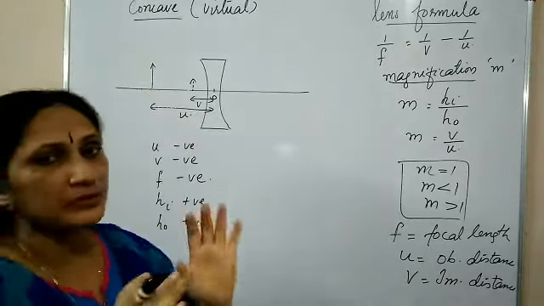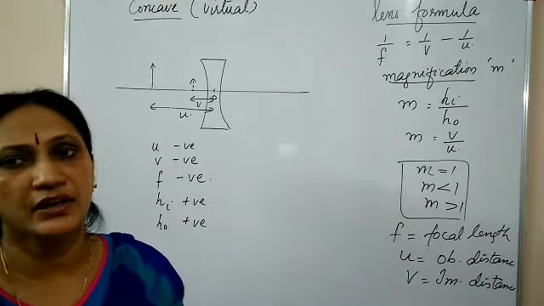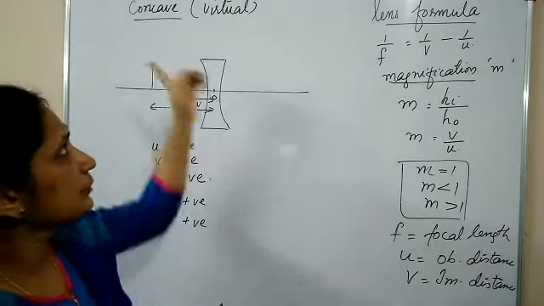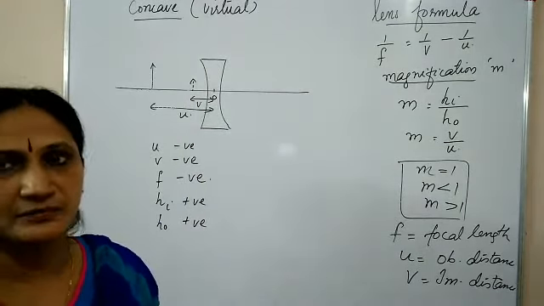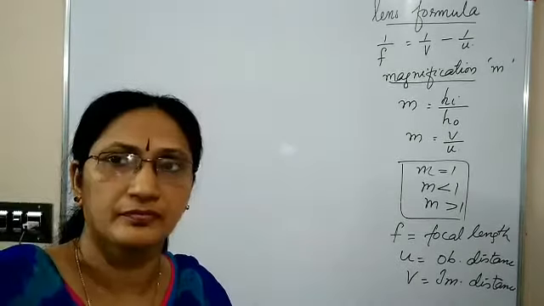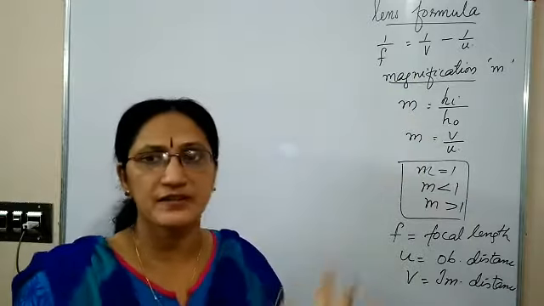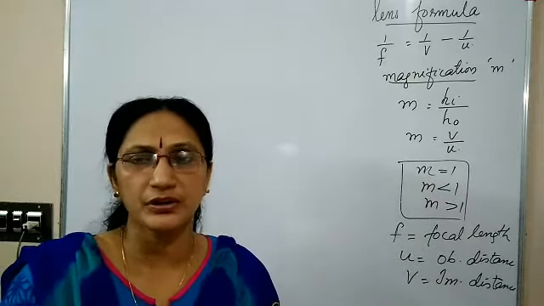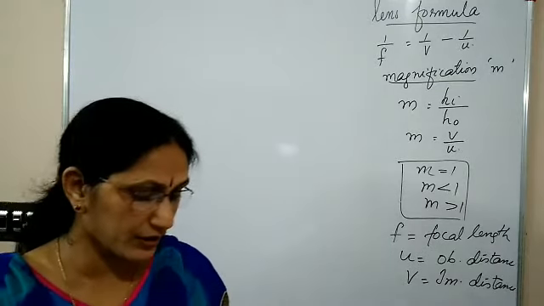Remember this diagram in your mind when you solve a numerical related to the concave lens. The previous two diagrams are for the convex lens. Now, the derivation of this formula doesn't come in your syllabus. It is given in the book. You need not learn it. It is given clearly. Derivation is not required.